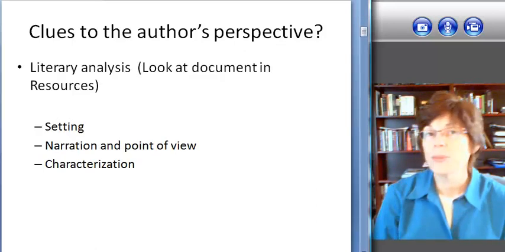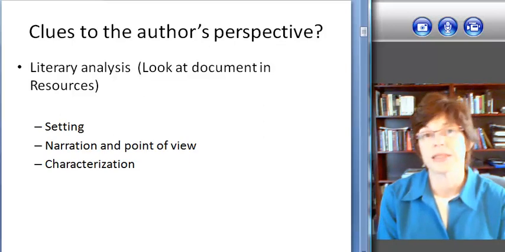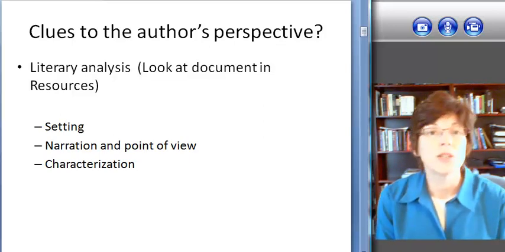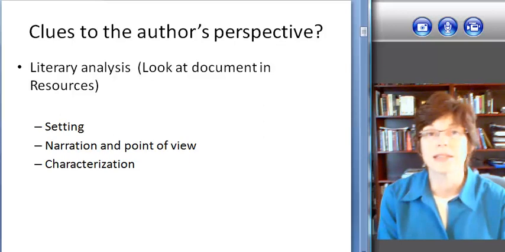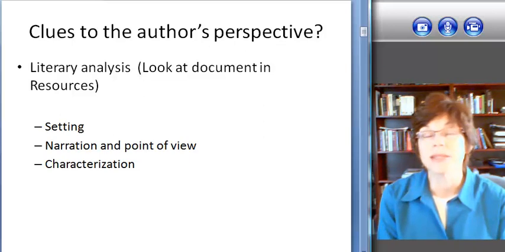Another clue, and perhaps even more clear clue to the author's perspective, is seen by using what we call literary analysis. We've already encountered this method, but now we'll be practicing it even more, both to help us understand the documents at hand and also to get you ready for your third and final skill paper.